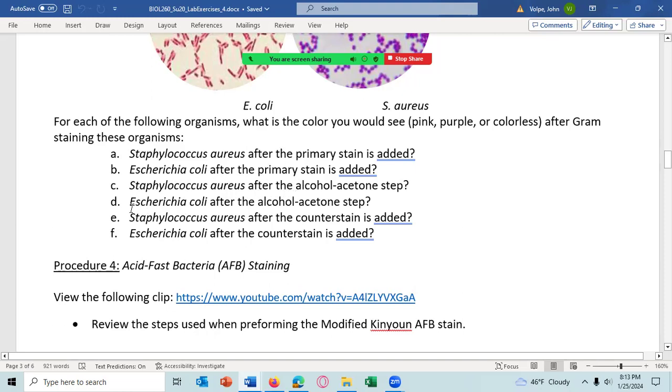For question D, E. coli, what is its color after the alcohol acetone step? For question E, Staphylococcus aureus, what is its color after the counter stain is added? And then for question F, E. coli, after the counter stain is added.